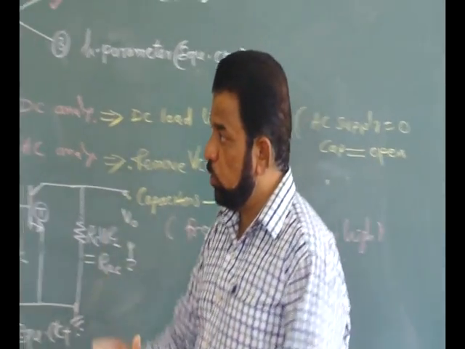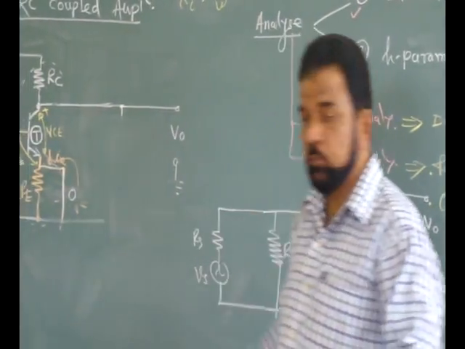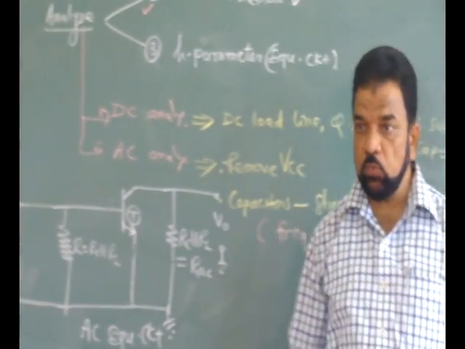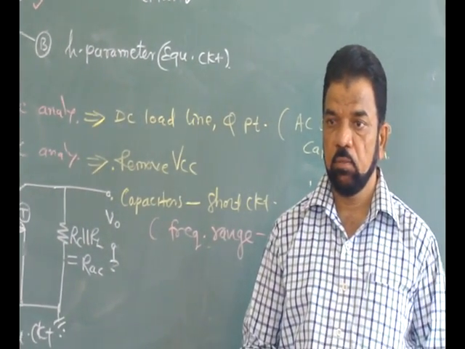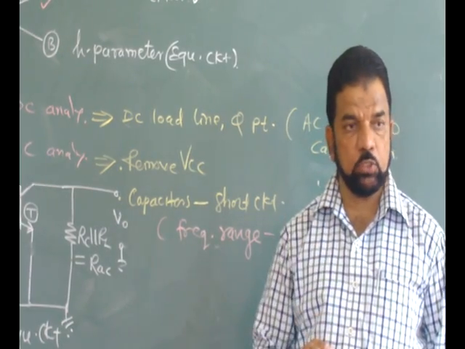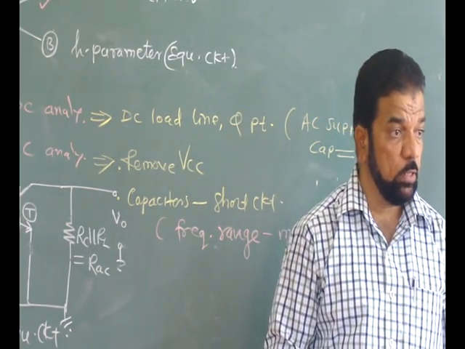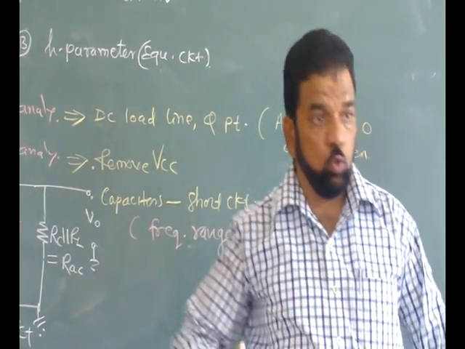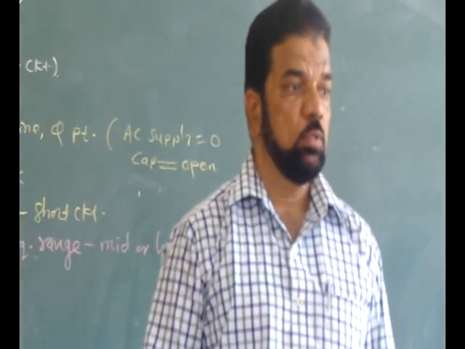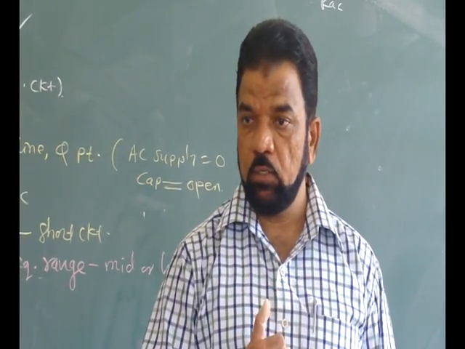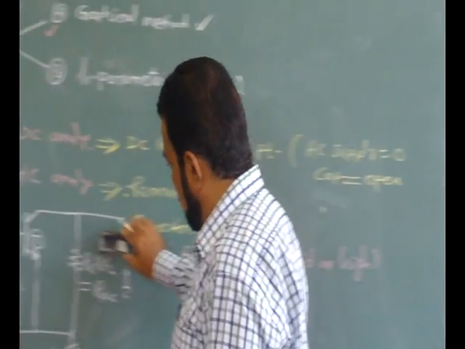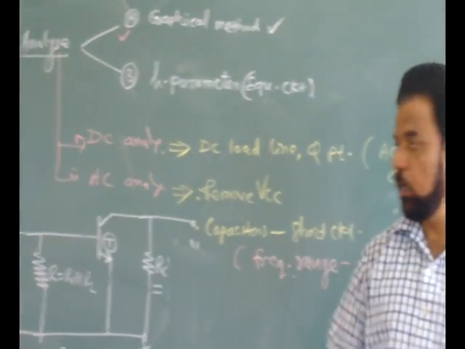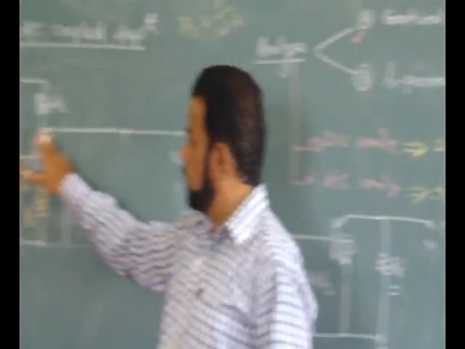Now if the external load is not given, does it mean that your load is infinite? See, this is the typical orientation. No. Immediately you have to recall the equivalent circuit, and in the equivalent circuit, what you will get is simply RC, between collector and ground.